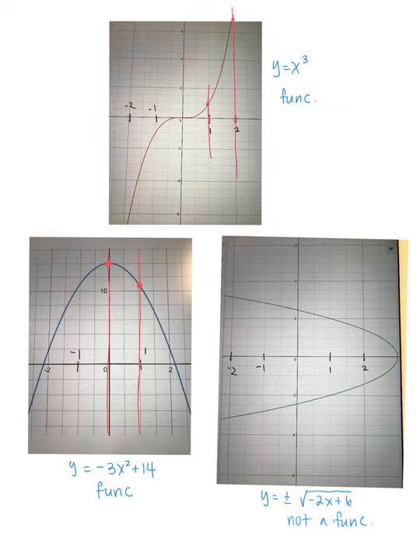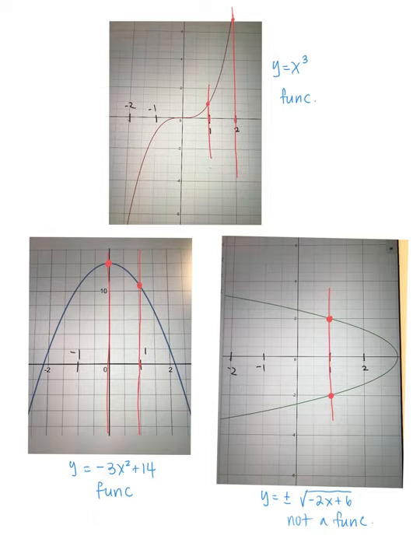All right, now let's take a look at something that was not a function, right? Because for each x, there were 2 y values, correct? So in this case, let's take a look at when x is 1. We determined that it has 2 y values, which is here, at 2, and then at negative 2. So when x is 1, we have 2 different y values.